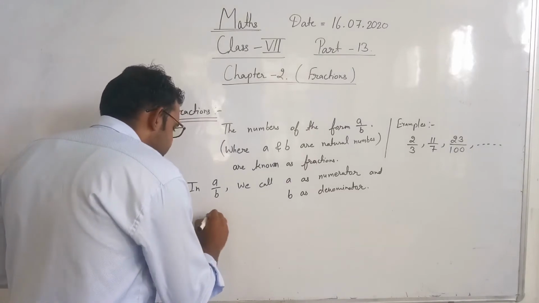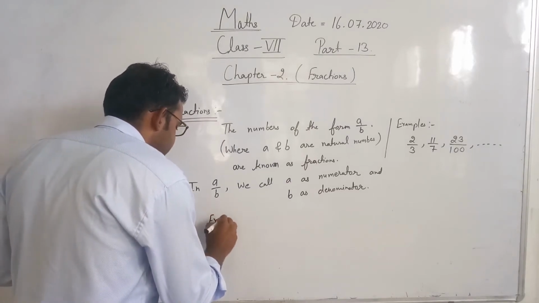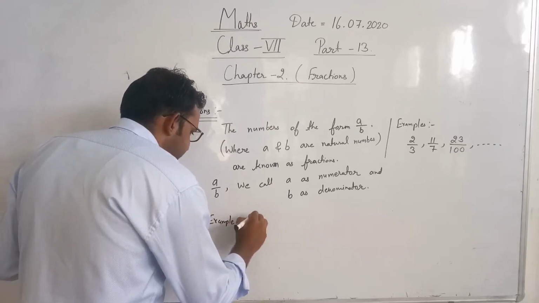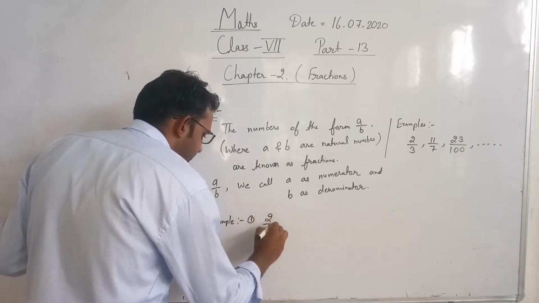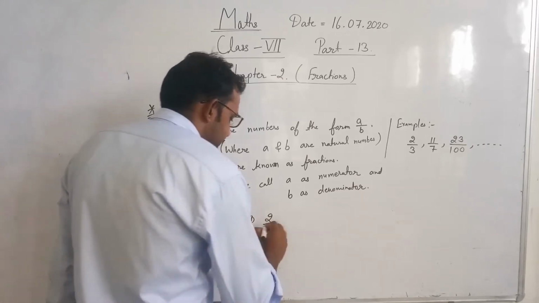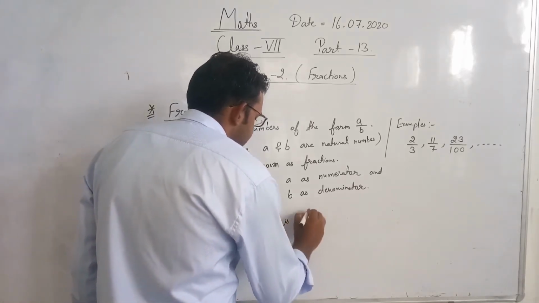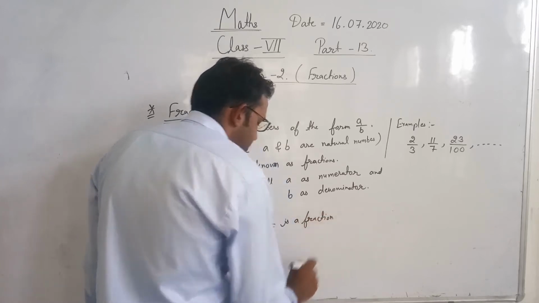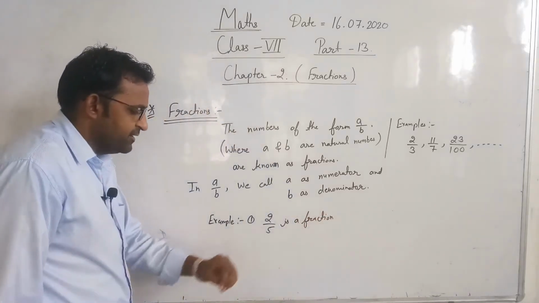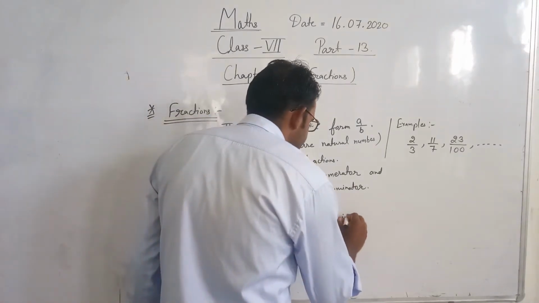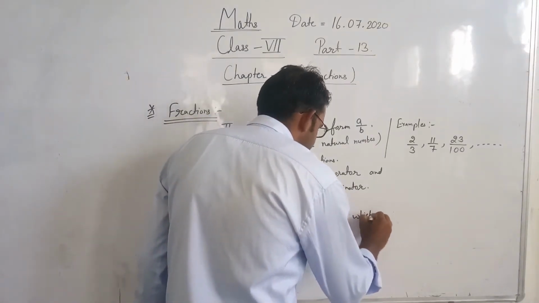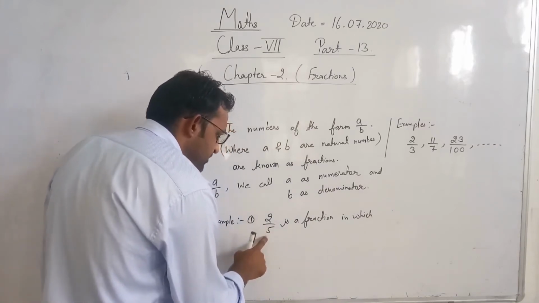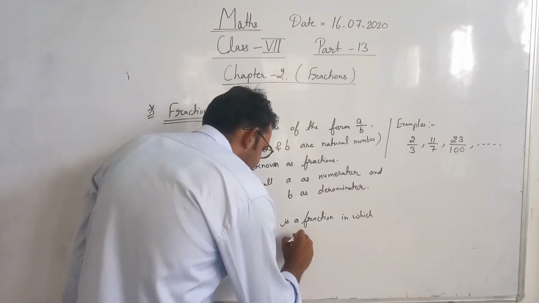For example, first, 2 upon 5 is a fraction, in which the numerator is 2 and the denominator is 5.